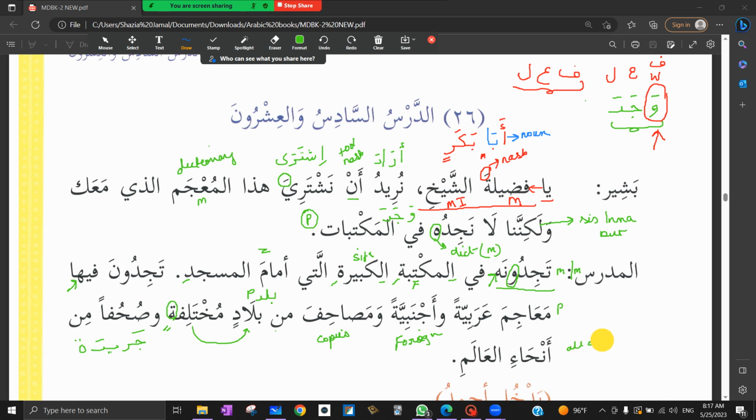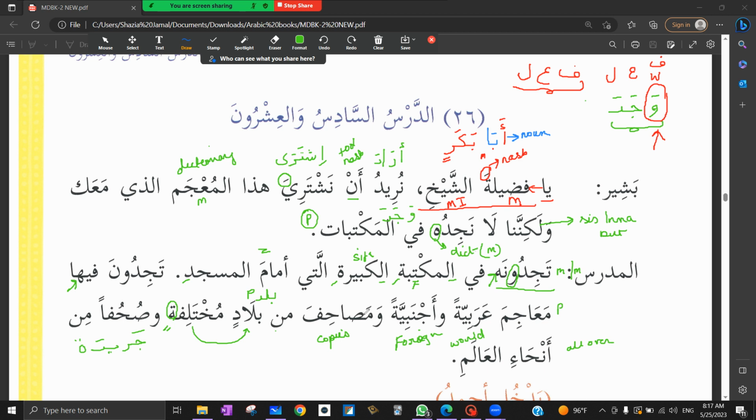Anha' means all over the world. So this is the information that the teacher gave to the students, that you all can buy this dictionary in the library that is in front of the masjid. And in that library, what are you going to find? The dictionaries, Arabic dictionaries, foreign language dictionaries, copies.